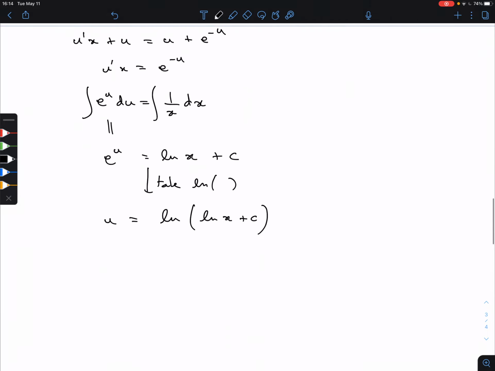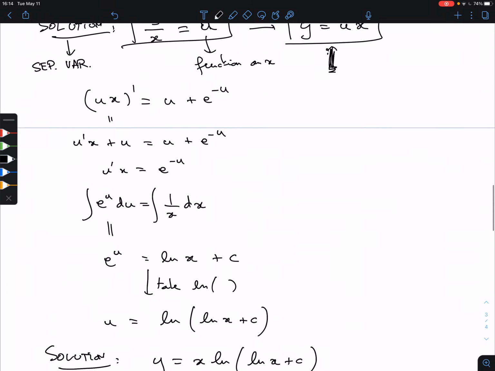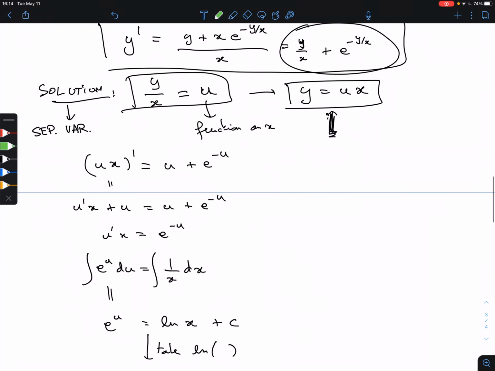So our solution is, again, be careful. u is not the solution. y is u times x. So x times ln of ln of x plus c is our solution. And just for the heck of it, let's do a special initial value problem.